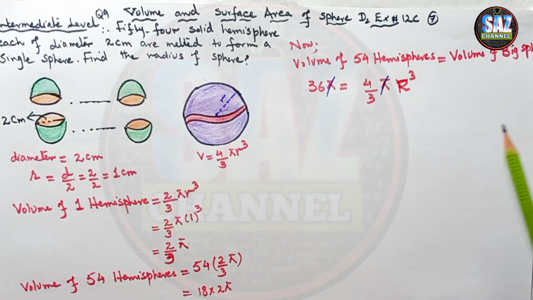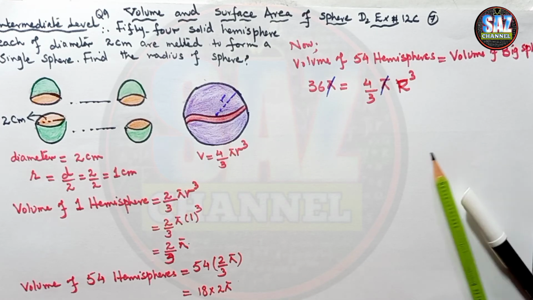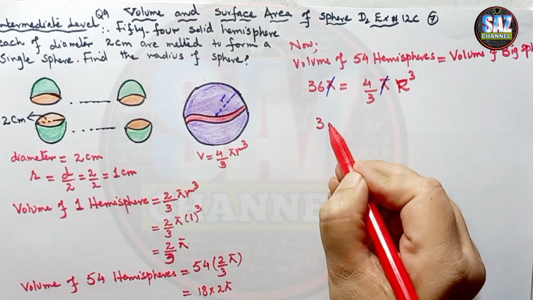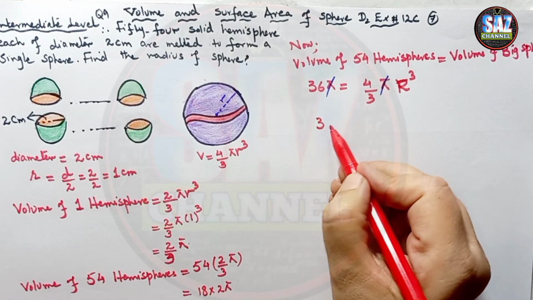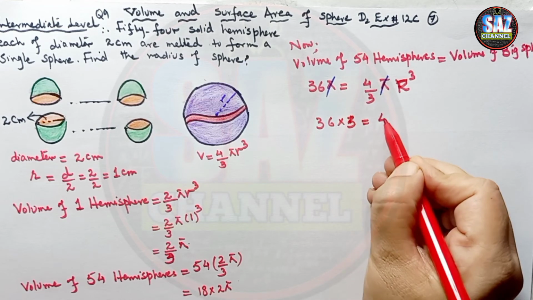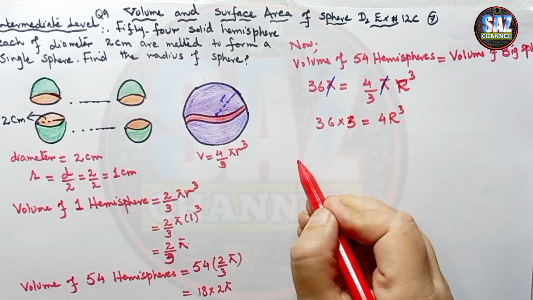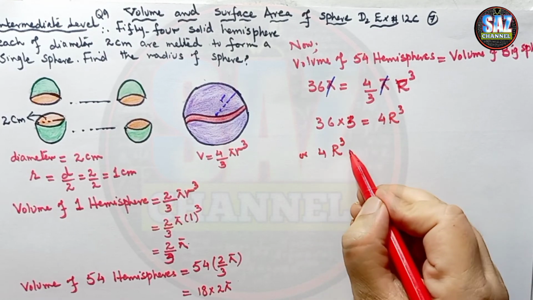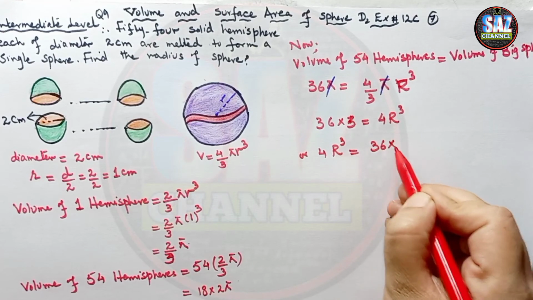So my question will take the form 36 multiplied by 3 equals 4 r cube, or 4r cube equals 36 multiplied by 3.